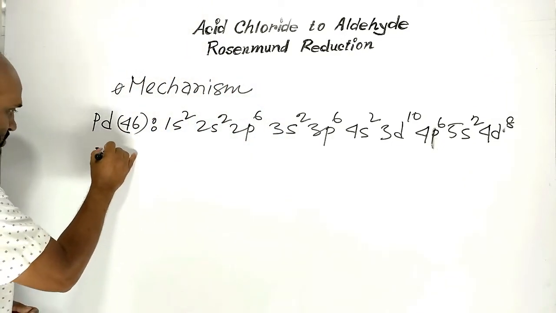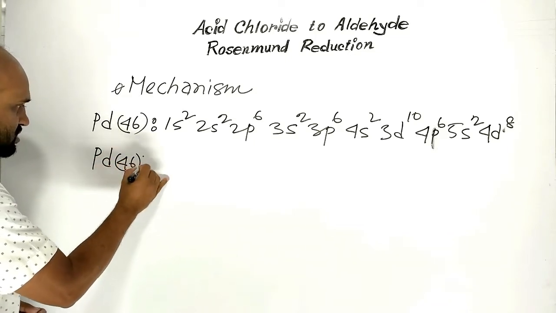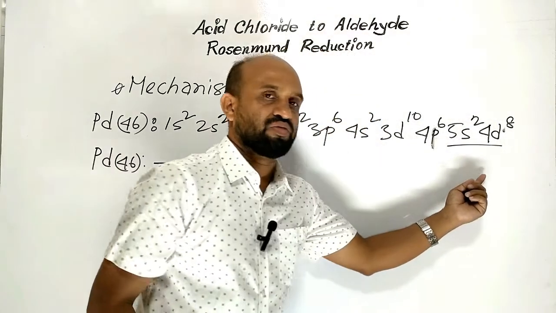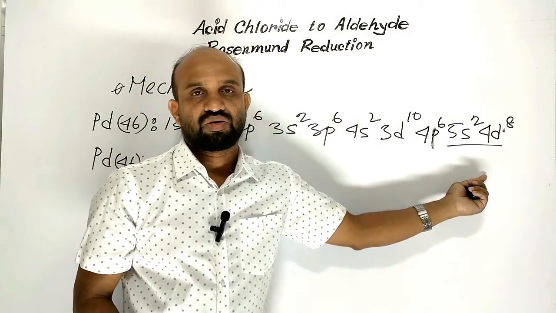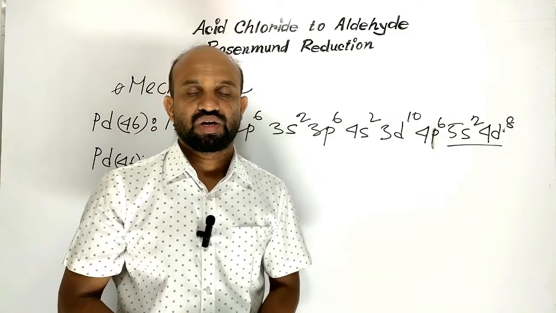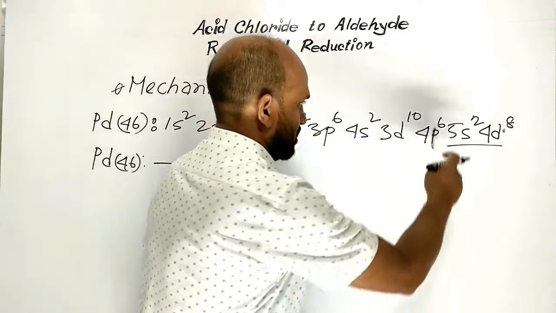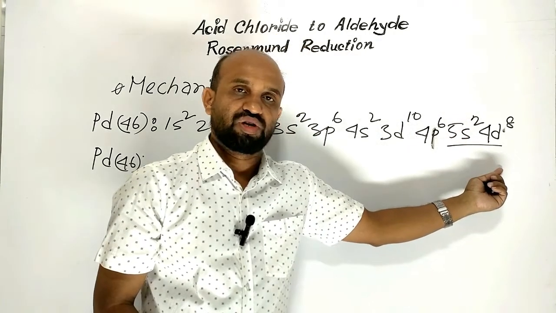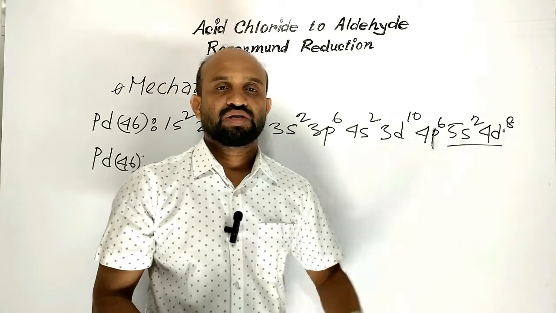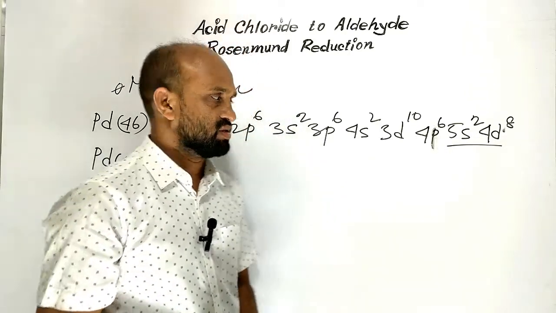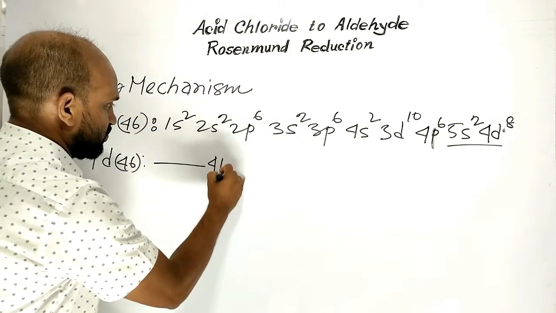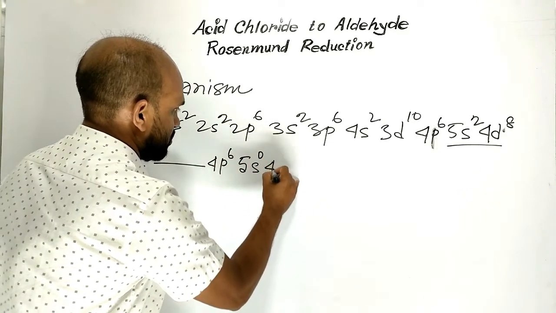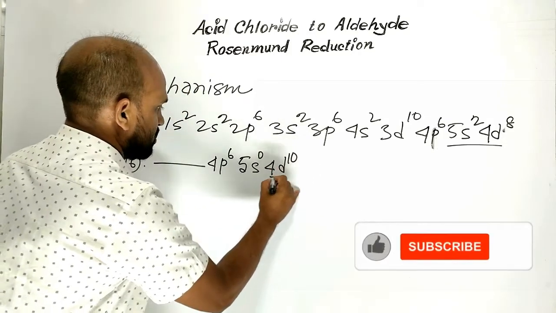Here, in palladium 46, in the 5s and 4d orbitals, rearrangement occurs to get a stable electronic configuration. Two 5s electrons move to 4d orbitals to form the stable electronic configuration, that is 4p6, 5s0, 4d10.